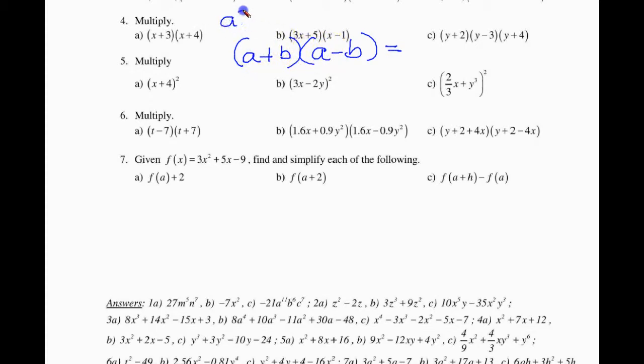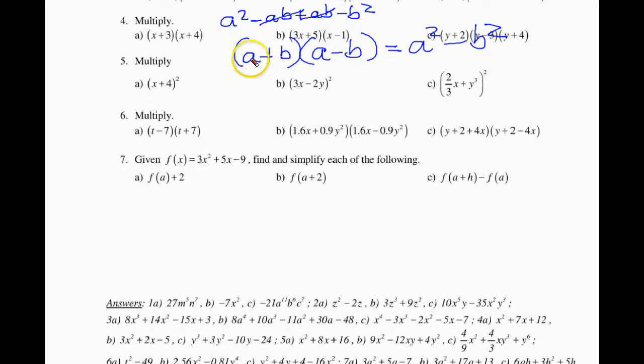We get a squared minus ab plus ab minus b squared. Notice what happens to the middle terms. They just cancel out. And you end up with a squared minus b squared.